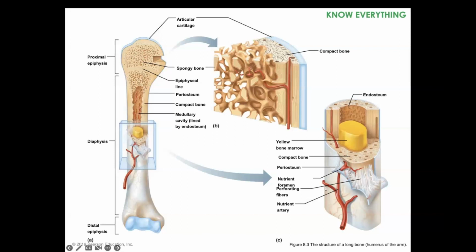And then if you look at the dissection image on the right, you can see how the periosteum is a really thin fibrous covering layer that covers the compact bone. You can also see the hyaline cartilage that covers the epiphysis, where bones are going to articulate to form a joint.